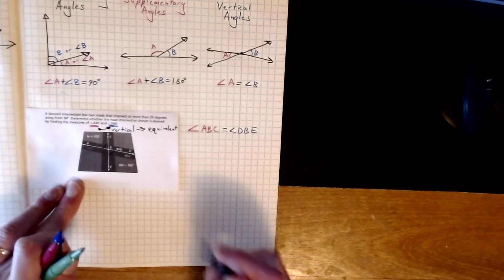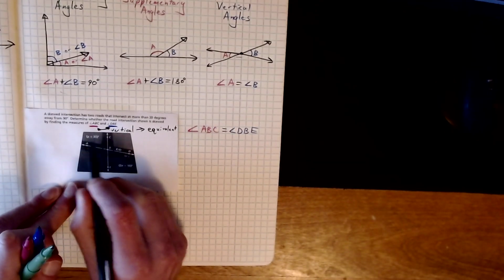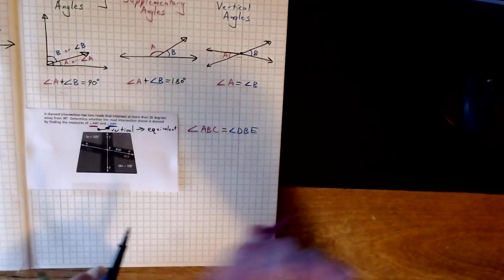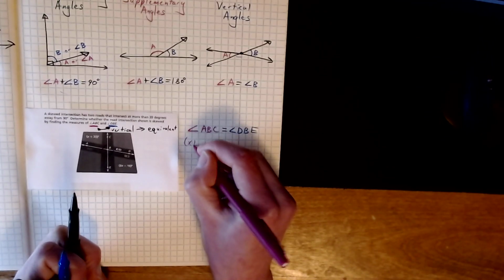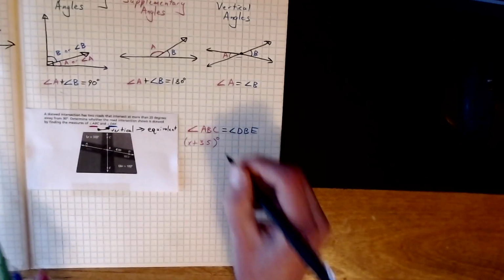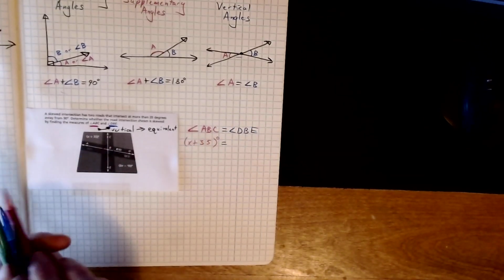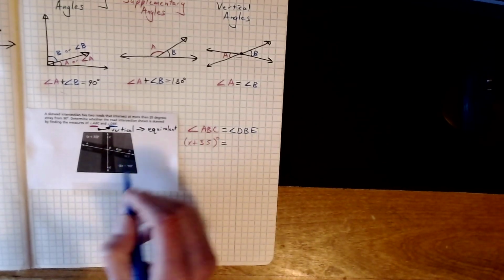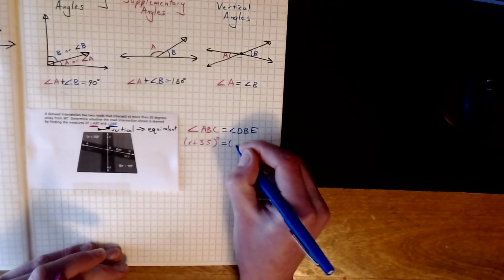Here we go. Alright, so here I see I've got x plus 35, and that's angle ABC. So I'm going to go ahead and replace it with x plus 35. And I see angle DBE right here, which is 2x minus 10.